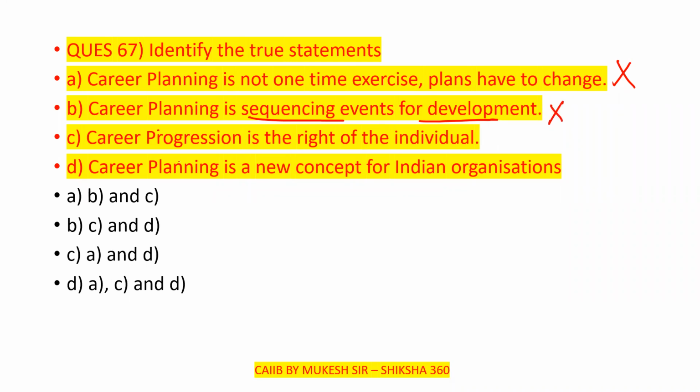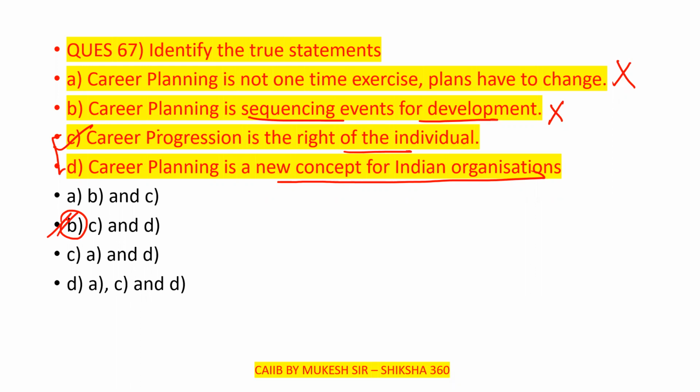Career progression is the right of the individual: this one is correct. Career planning is a new concept for Indian organizations: not correct. So option B is the answer here. Please go through all these points very carefully.